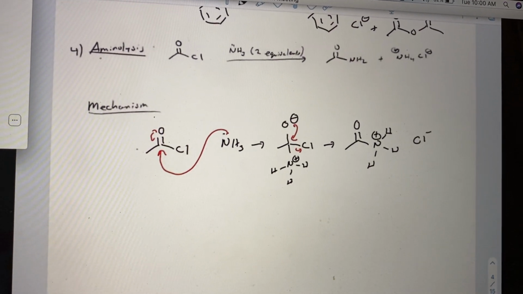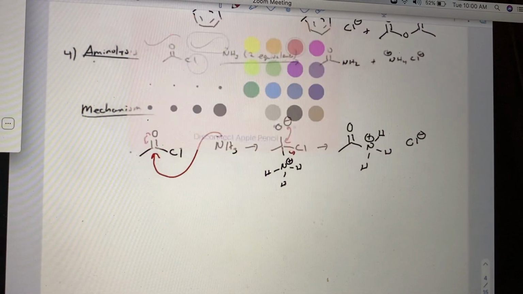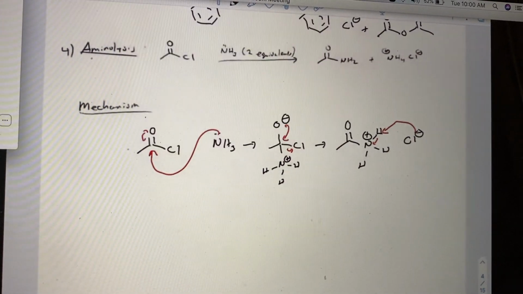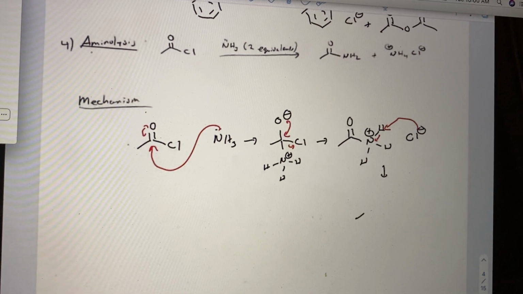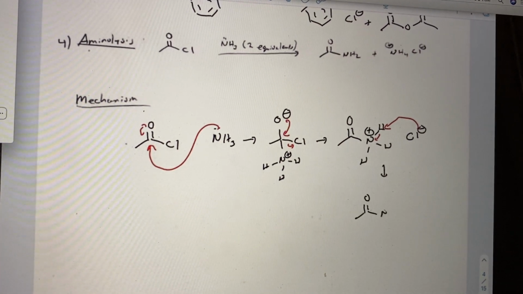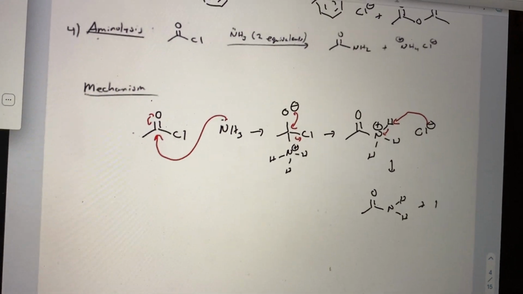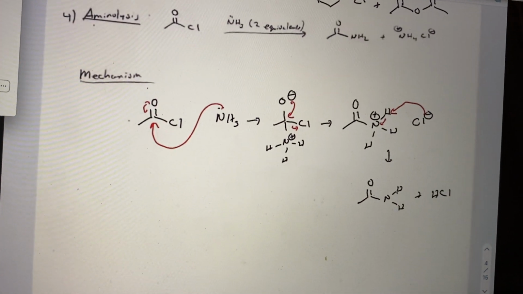And then to balance this, we could have our chloride pull the proton off, so that we have our amide. And here, notice we generated HCl again.